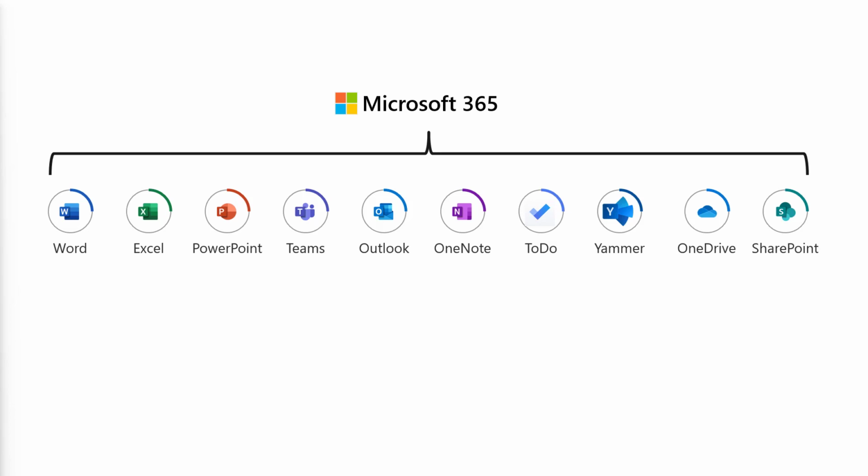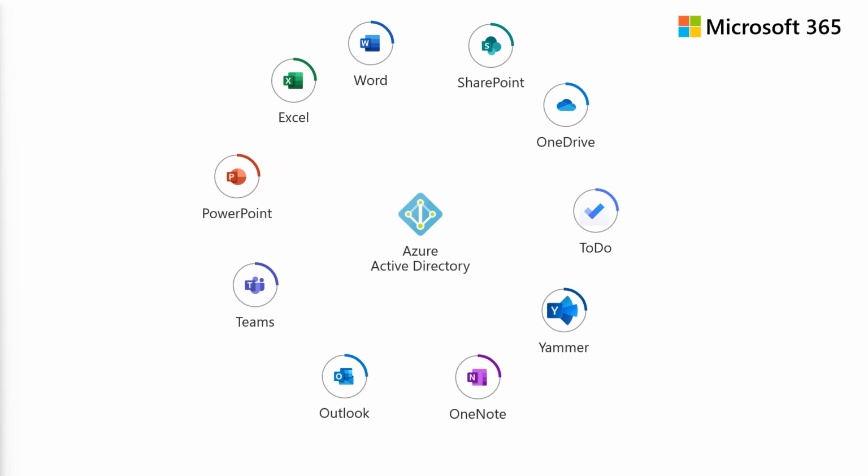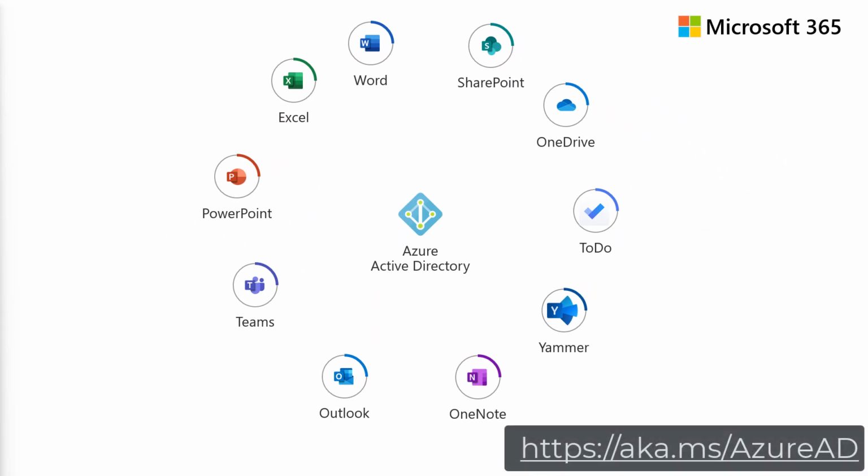What these apps all have in common is that they all share a common identity service called Azure Active Directory, which of course is key to single sign-on in Microsoft 365 and in Teams.